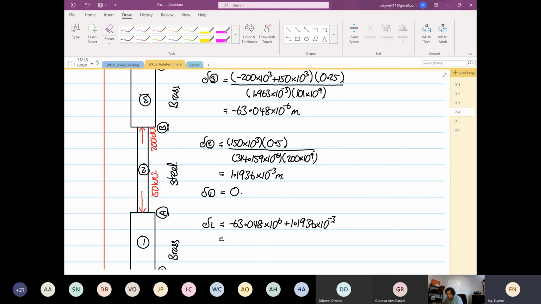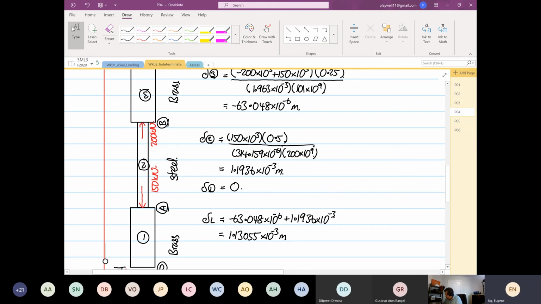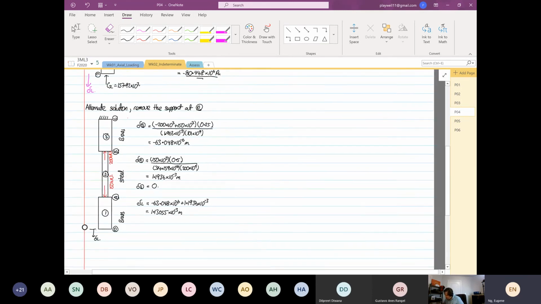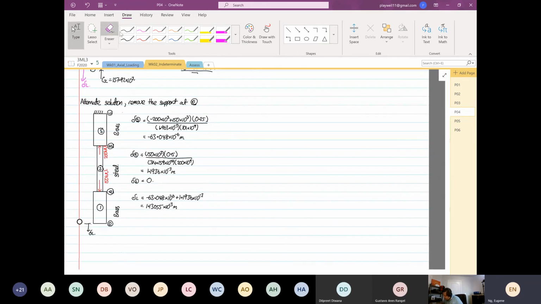So it's equal to 1.13055 times 10 to the power minus 3 meters. Okay, so now we go to our step 2.